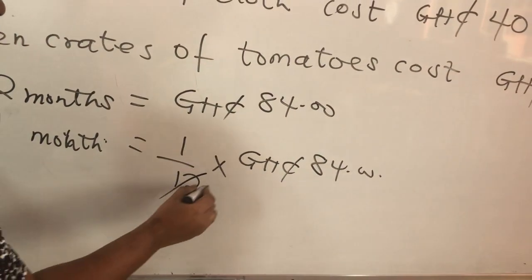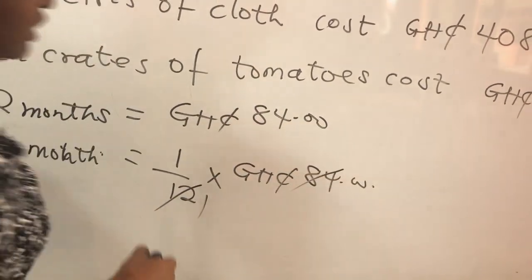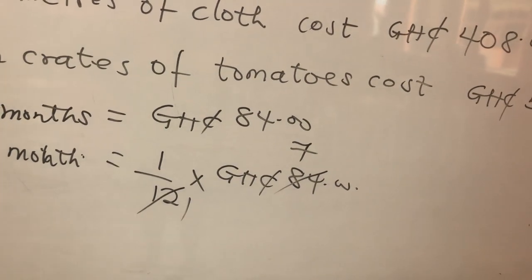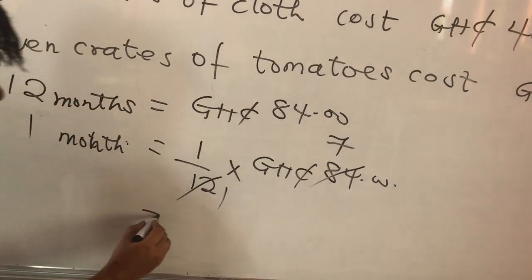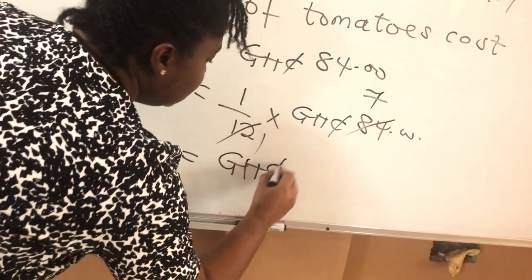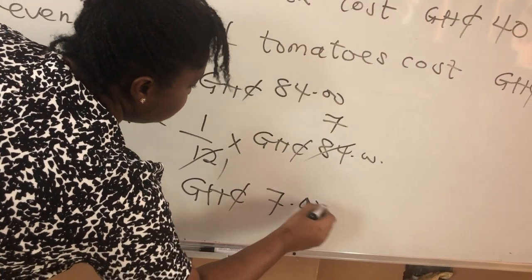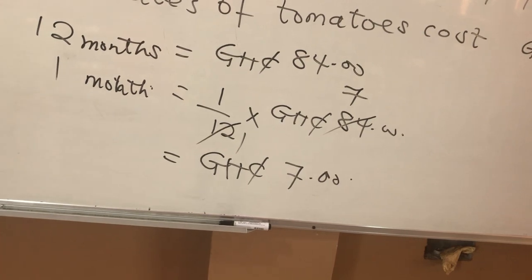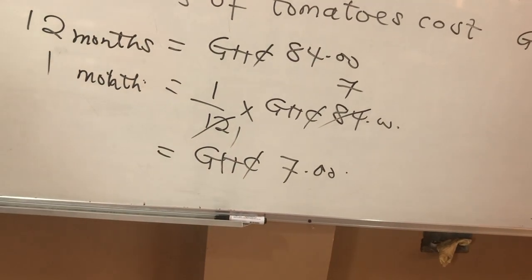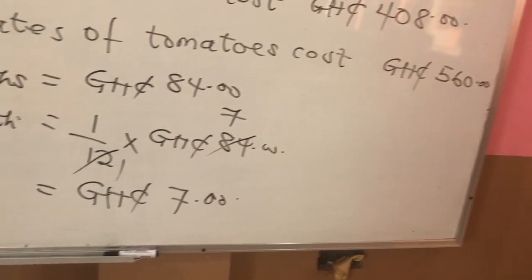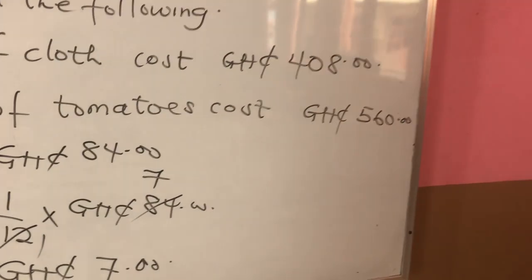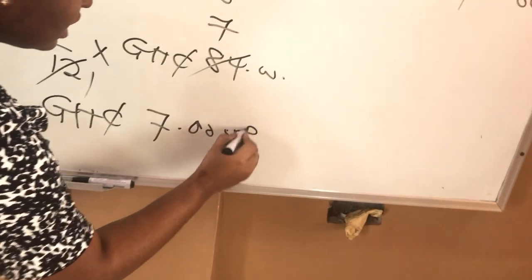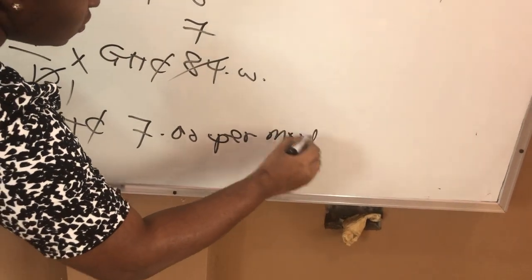We have 12 into 84, 7. So that means 7 Ghana cedis. Always remember to bring your units, your Ghana cedis, because it's money. So you always have to bring your Ghana cedis. So this is the answer to the question.